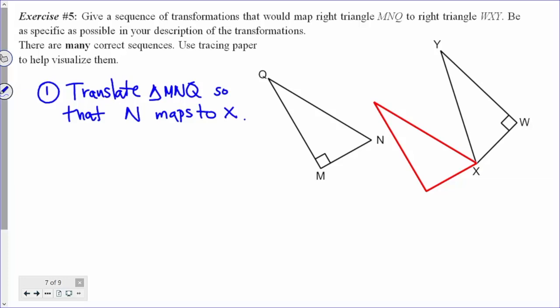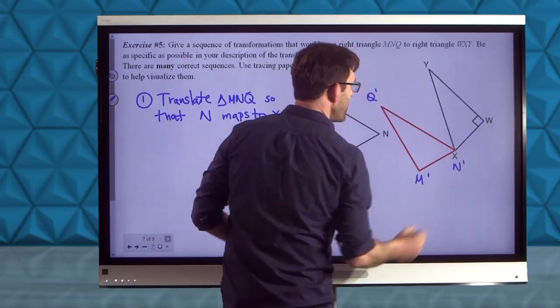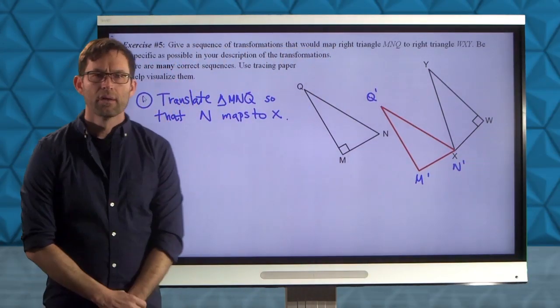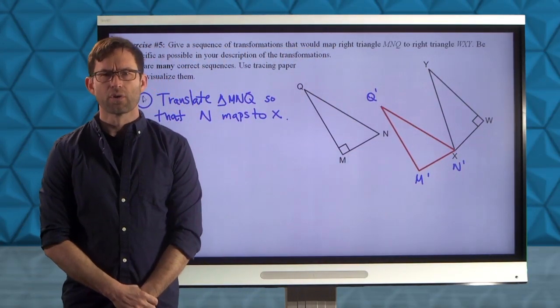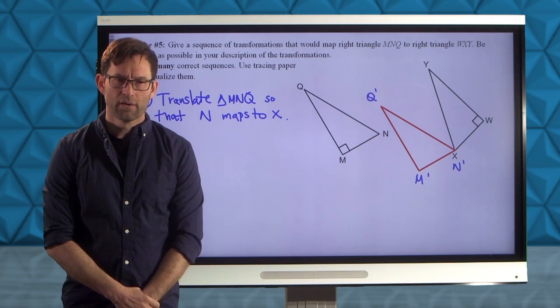Okay? See how that works? I know these two match up with each other. At that point now, technically, this is M prime, Q prime, and N prime. Now we're getting a little bit closer, but we're not quite there.